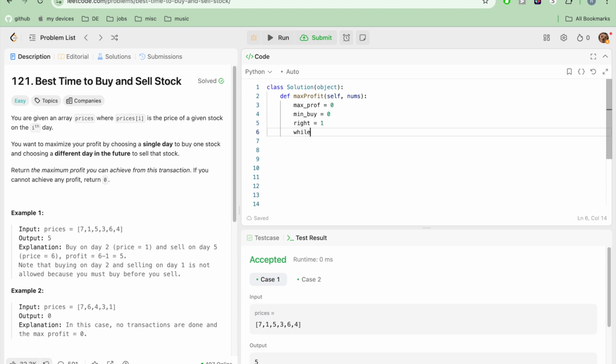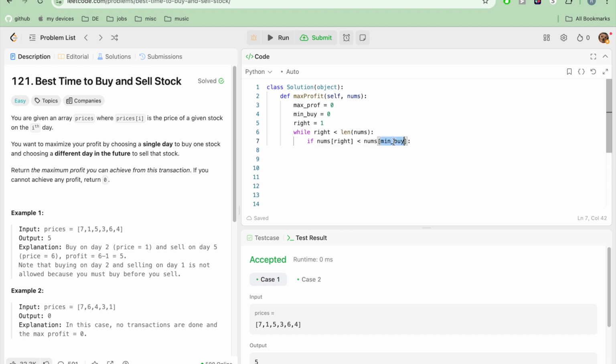Now we'll start one while loop where right is less than the len of nums, and here I'm going to compare if nums of right is smaller than nums of min buy, which means that the current number is smaller than the previous minimum buy.